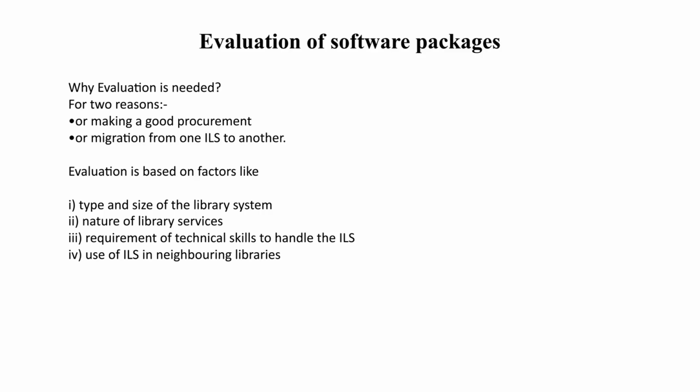Along with that, there is another very important thing, called dedication and devotion. If your staff are really dedicated and devoted to implementing your library in digital form, or implementing the integrated library management software to make your library automated, then certainly you can adopt it.